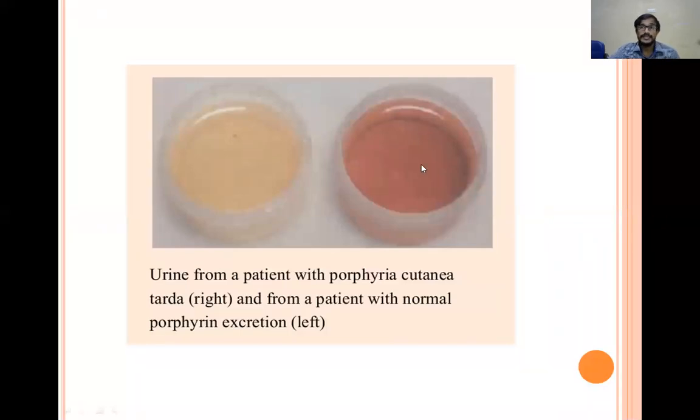And on the right side, this is the urine of a porphyria patient. Because different types of porphyrins are accumulated in the blood, they are excreted in the urine. So that's why the urine color changes due to the presence of porphyrins, that is, the intermediates which are formed in the synthesis of heme.